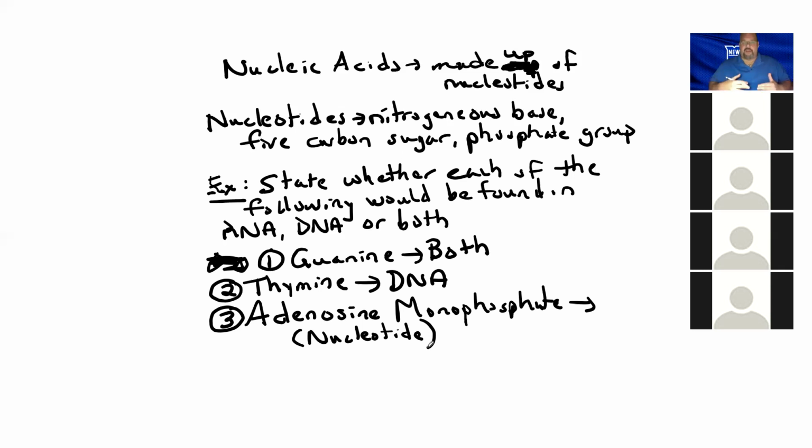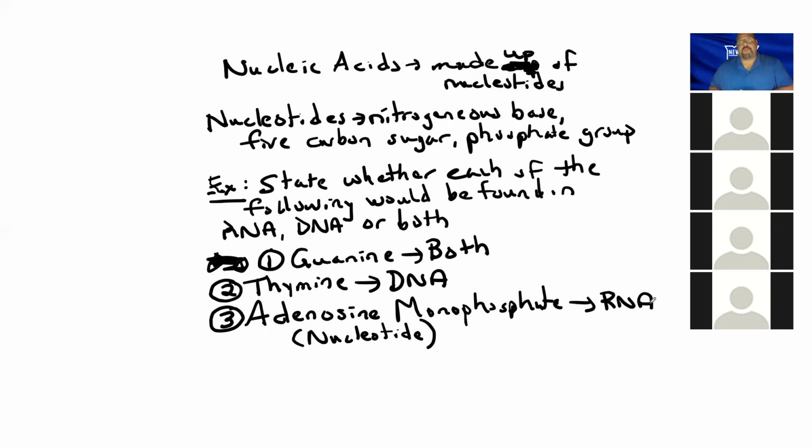But the trick here is that adenosine monophosphate, the nucleoside name adenosine, identifies it as being in what? It identifies it as being in RNA. Because remember, if you think about the nucleoside name, the difference between what you would have in DNA versus RNA is that in DNA, in front of the nucleoside name, you would have the prefix deoxy.